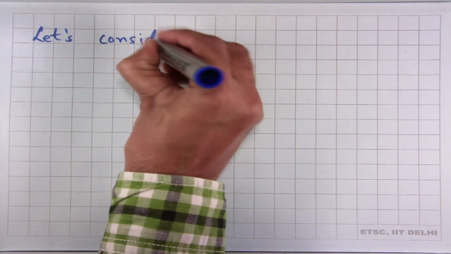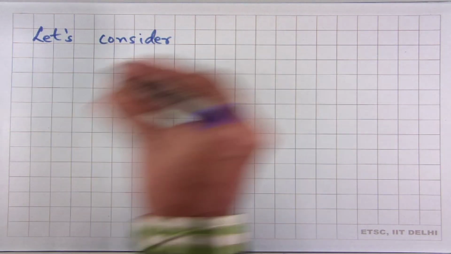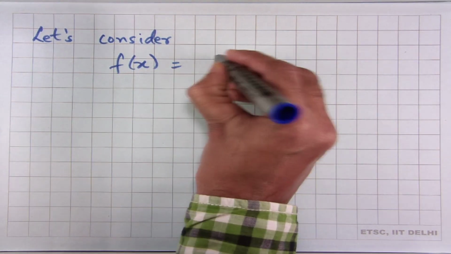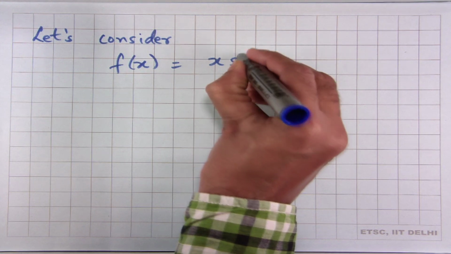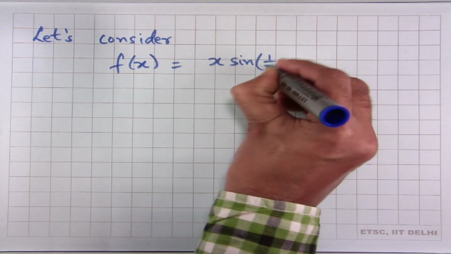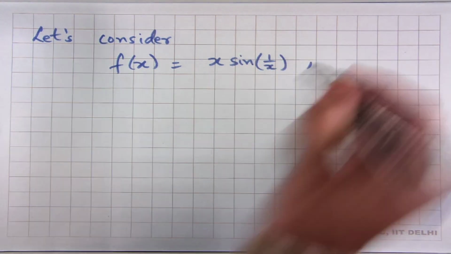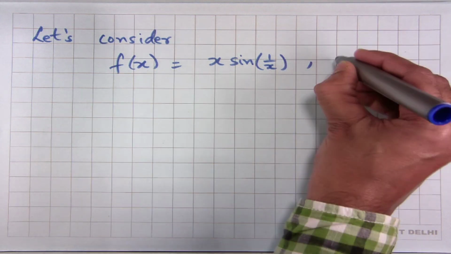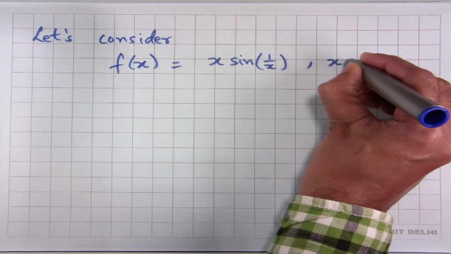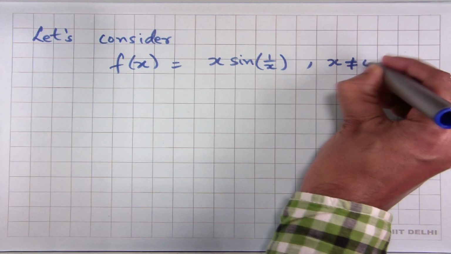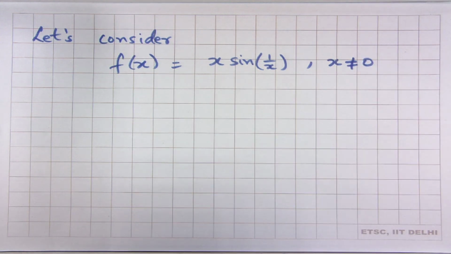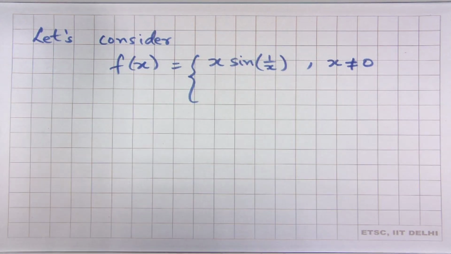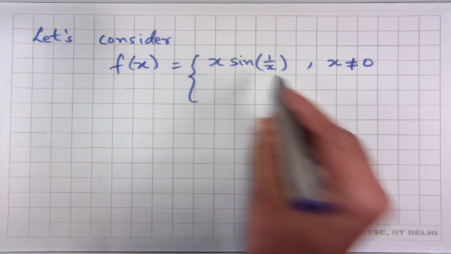Now, let us consider this example: f of x which is equal to x times sine of 1 by x. Because I am writing 1 by x, this does not make sense for x equal to 0. So, I defined this to be the value of the function for x not equal to 0, and this is not defined for x equal to 0.